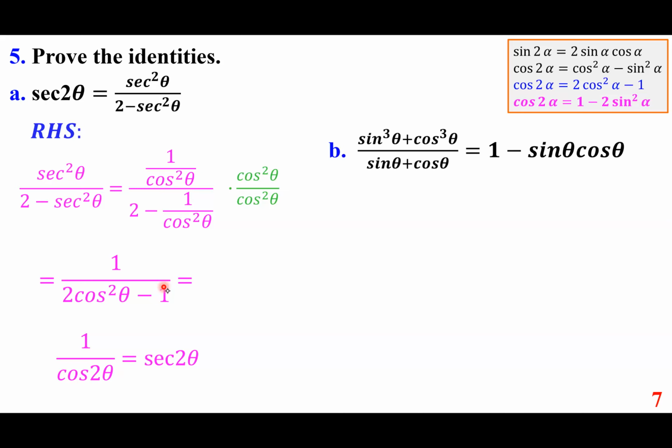Sine cubed plus cosine cubed over sine plus cosine equals 1 minus sine cosine. And we start from the more complicated side. There seems to be the left-hand side that is the more complicated side.